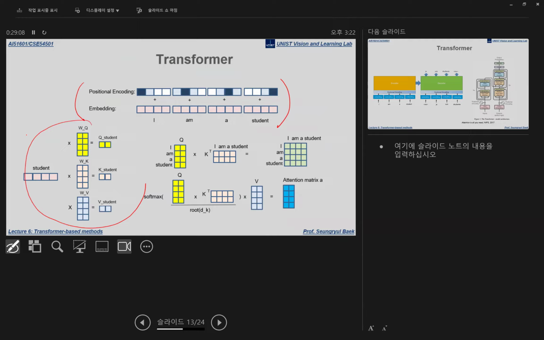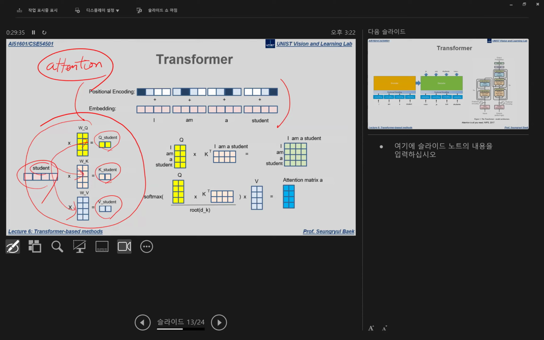And as I told you, this type of operation is actually the attention mechanism. Basically, you can think of this as, when calculating the features for the student, you are making three types of vectors by multiplying some linear layers.